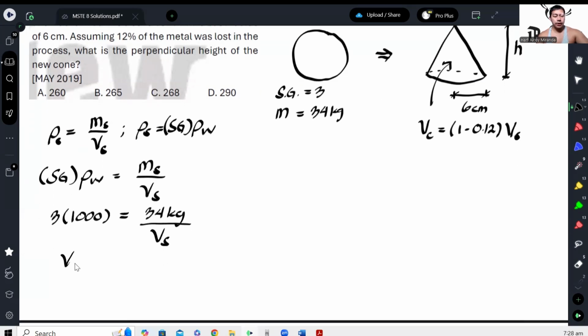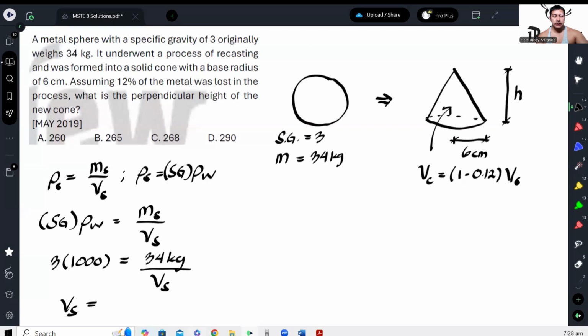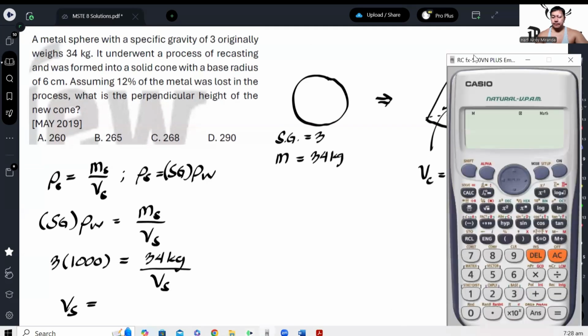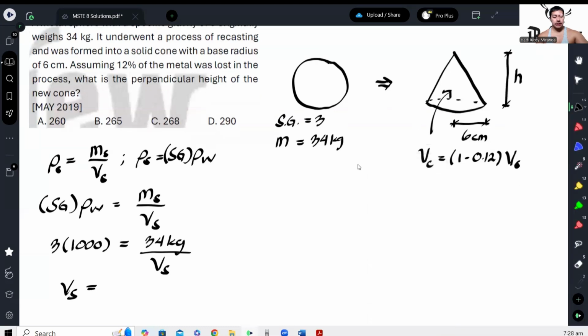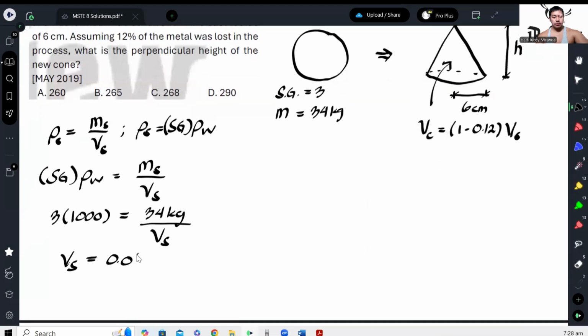And we can solve for the volume of the sphere in cubic meters. So we will have 34 divided by 3,000, no? So that gives me 0.011333 cubic meters.